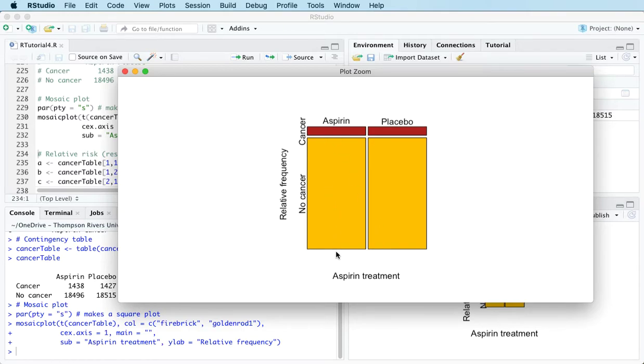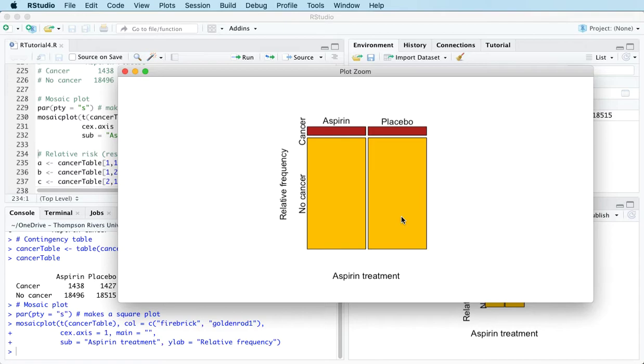On the left hand side we've got the women who had the aspirin treatment, on the right hand side we've got the women who received the control treatment or the placebo, and then on the vertical axis we've got the bars colored and stacked according to whether the women did not develop cancer, which is the yellow bars, or if they did develop invasive cancer, which is the dark red bars there.